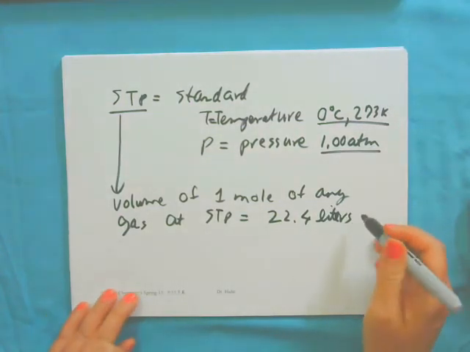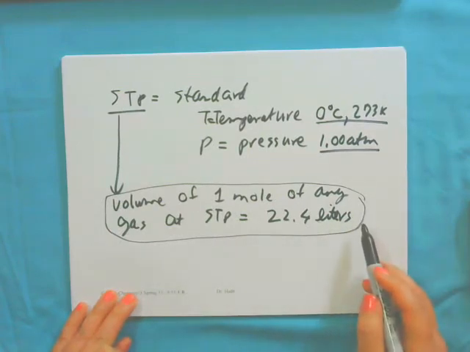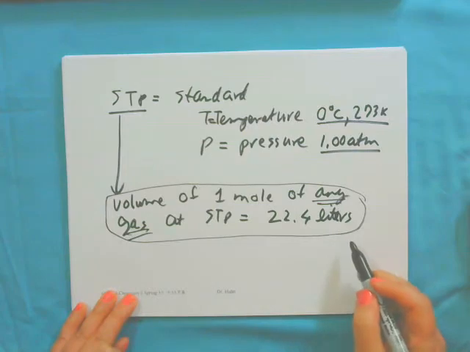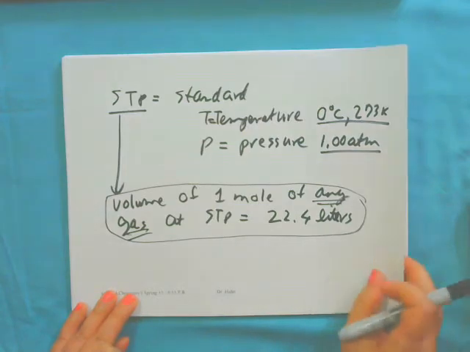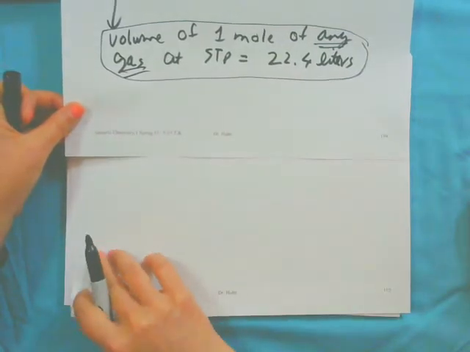That's what STP gives us. So the volume of 1 mole of any gas, it doesn't matter how big the gas is, it doesn't matter how small the gas is, any gas at STP is equal to 22.4 liters. Okay, so let's just look at an example of what this means.